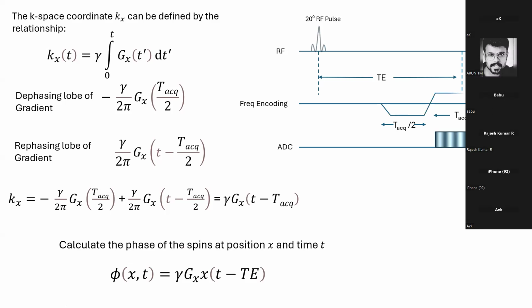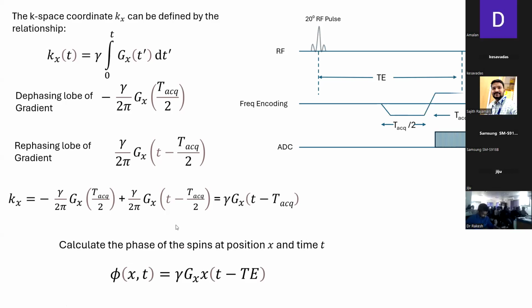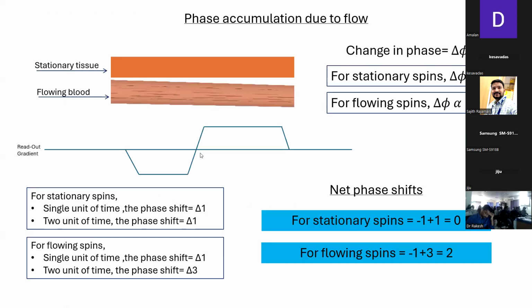The phase information is the input to calculate the QSM map. So we have the phase information right now, which we got by calculating the equations with respect to the echo time.